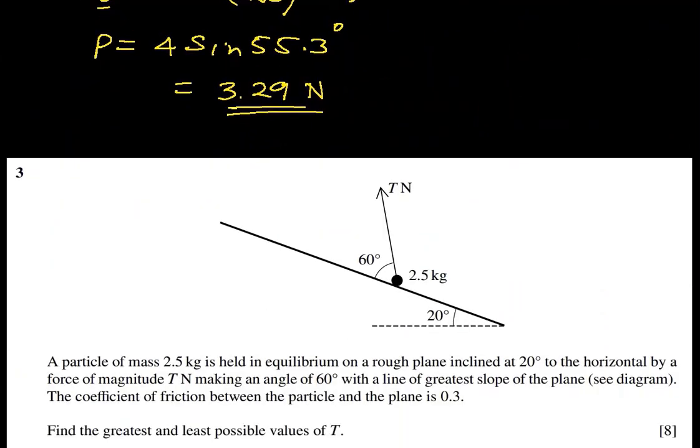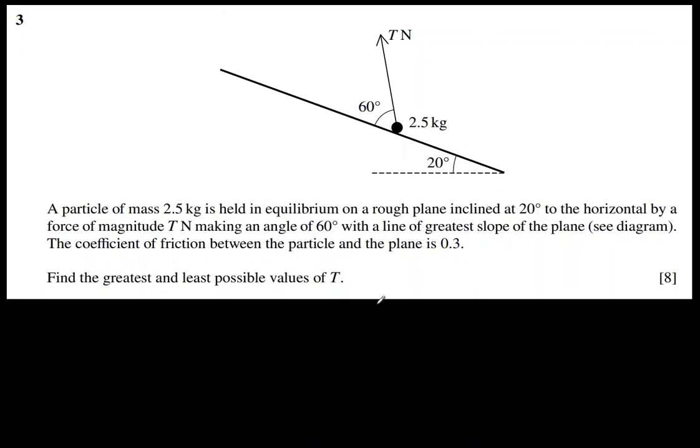Okay, let's go to the next question, number 3. The particle of mass 2.5 kg is held in equilibrium. This is the best part. Equilibrium, that means it is not moving at all, on a rough plane inclined at 20 degrees to the horizontal. So the weight of this particular particle will be 25 newtons, 10 times its mass.